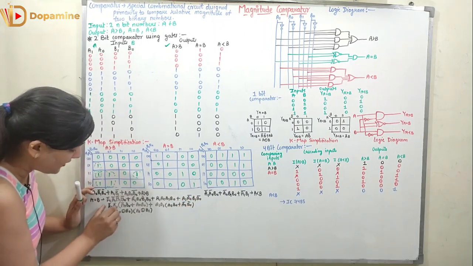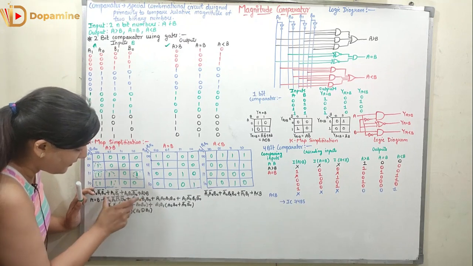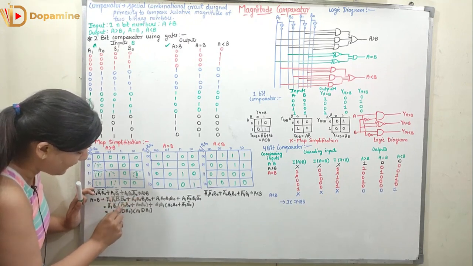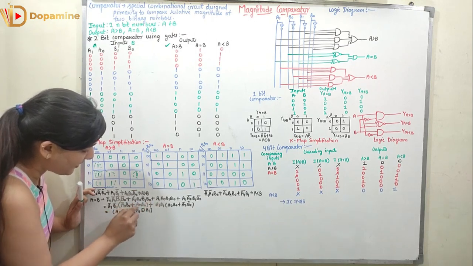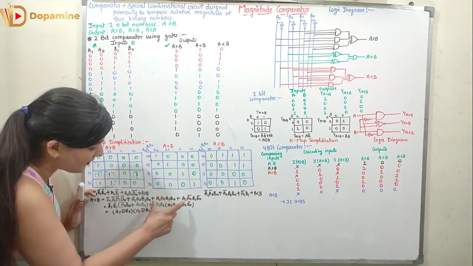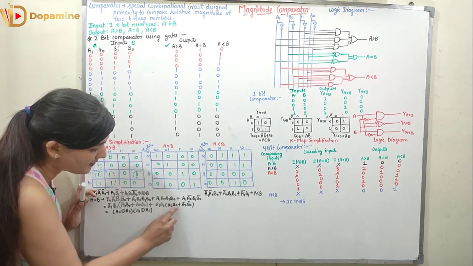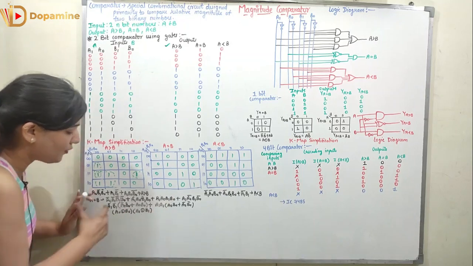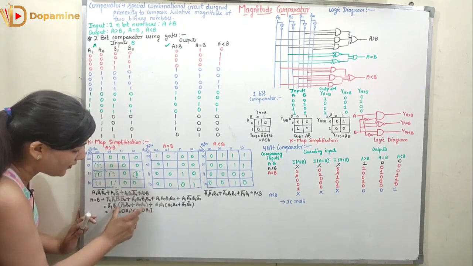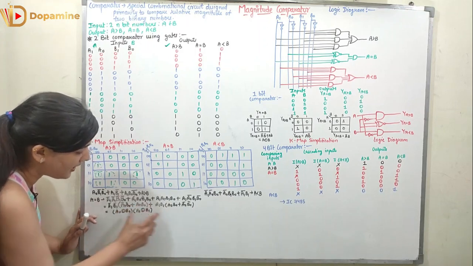Now we are going to take A1 bar, B1 bar common from the first 2 terms. We are left with A0 bar B0 bar plus, in the second term, A0 B0. Now in the next 2 terms we are going to take A1 and B1 common. We are left with A0 B0 plus A0 bar B0 bar. Now see over here, we have A0 bar B0 bar plus A0 B0, so we are going to take this as common.